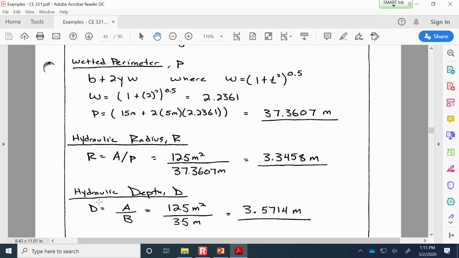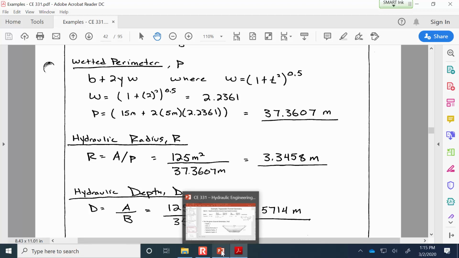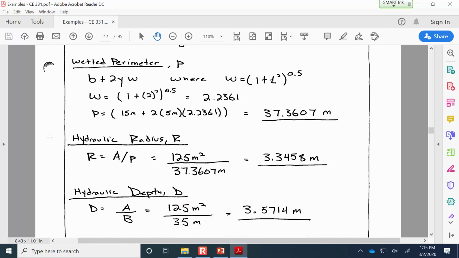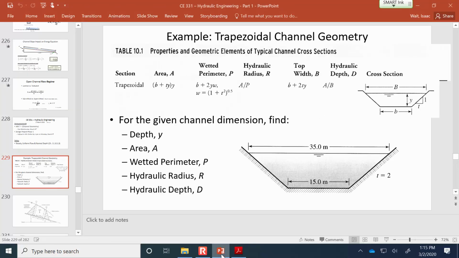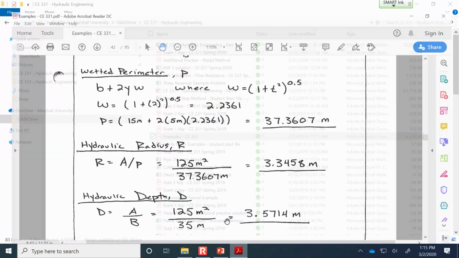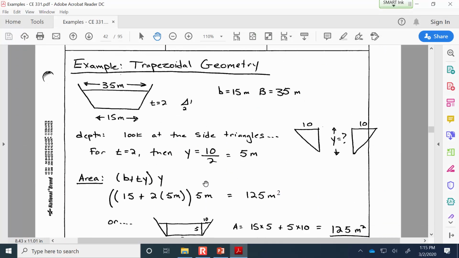So any questions about that? What do you use hydraulic depth for? I'm not sure what that is. Well, if you look at the actual depth in this example, it was 5 meters.